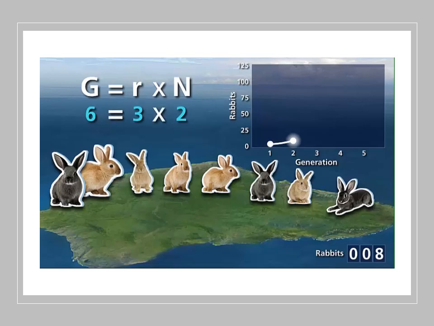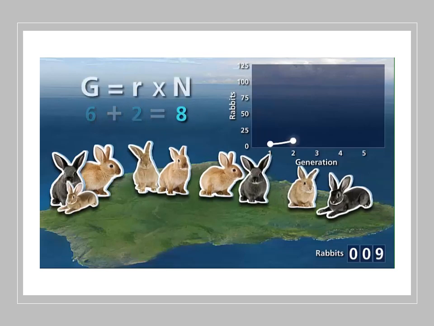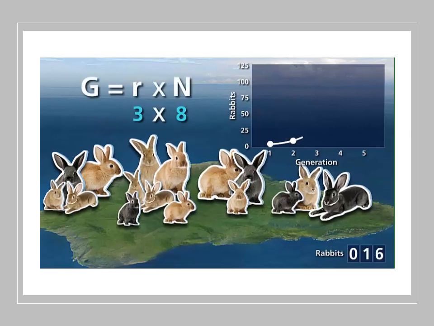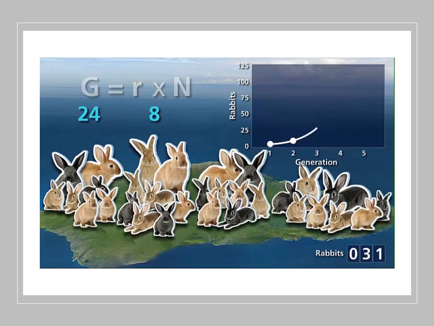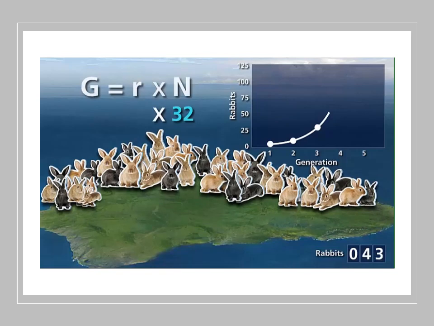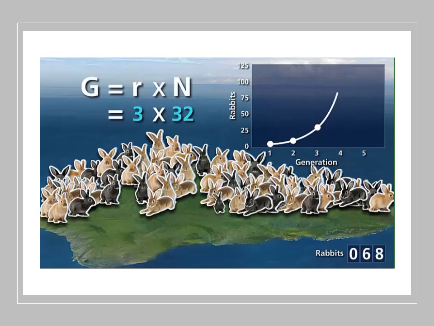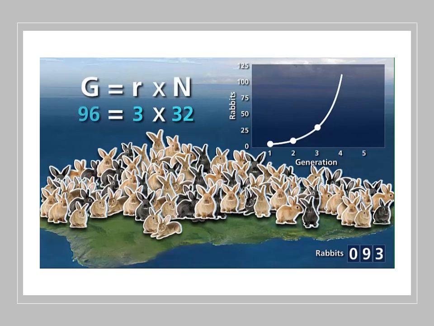After each generation, the new rabbits are added to the existing population, such that N in generation 2 equals G plus N from generation 1, or 6 plus 2, which is 8. The population follows an exponential curve that increases in slope each generation. Obviously, this cannot continue forever because other factors affect the growth rate of the population.